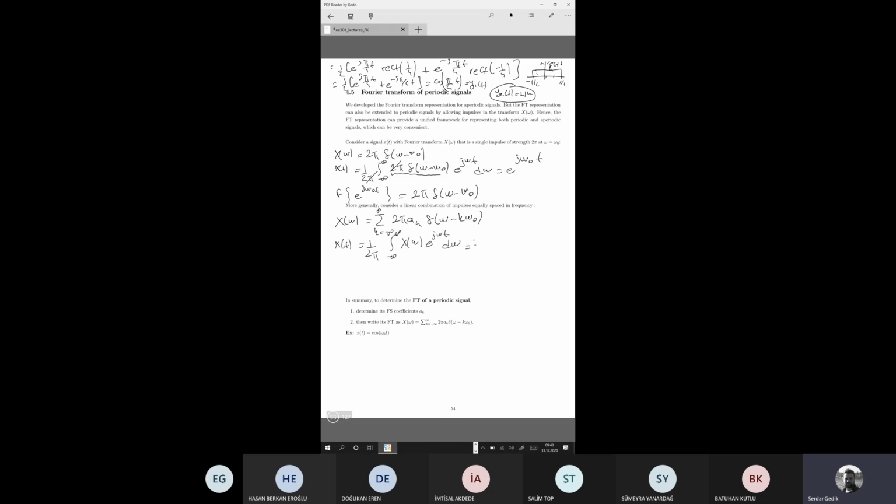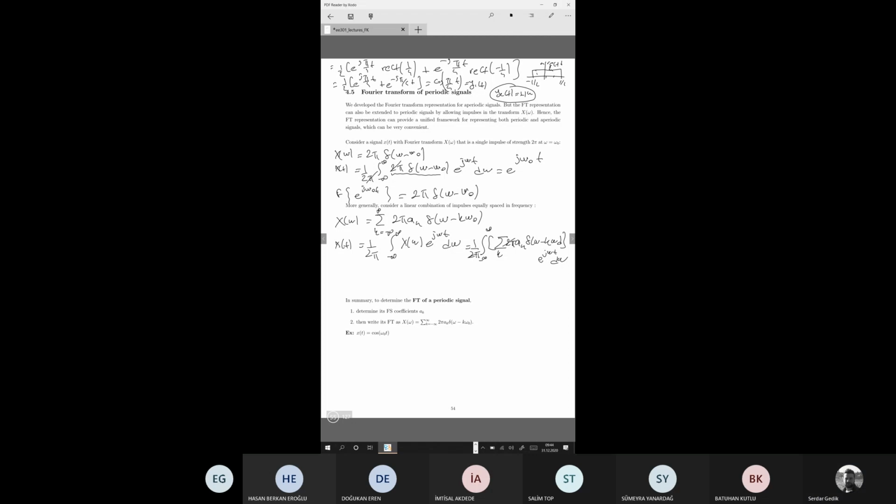And this is 1 over 2π, the integral from minus infinity to plus infinity of the sum over k of 2π ak impulse(ω − kω0) e^(jωt) dω. So this is my x(t). Of course, as usual, the 2π's cancel out.